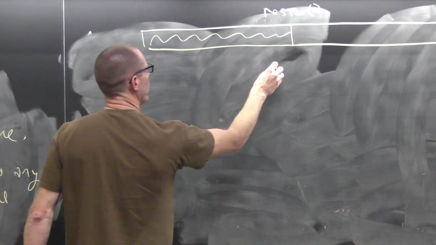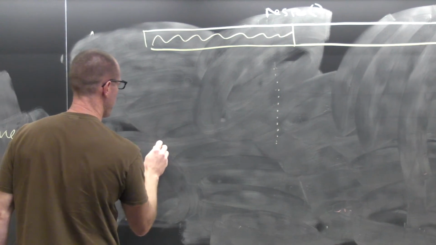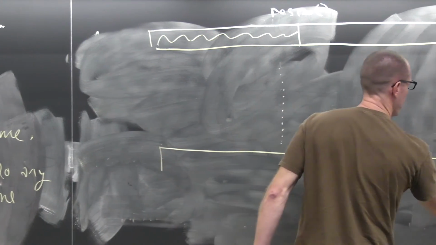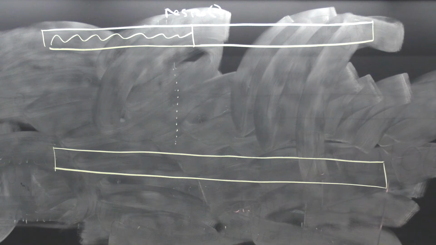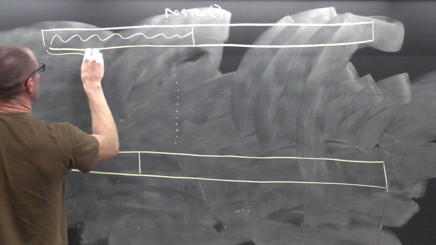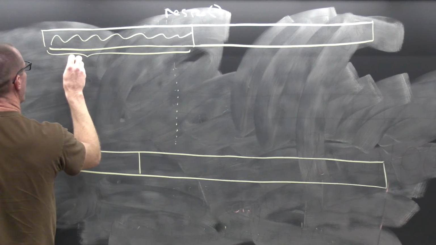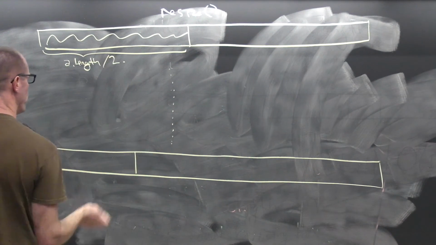Then some operations happen, you remove something, and the array is a dot length divided by 2.